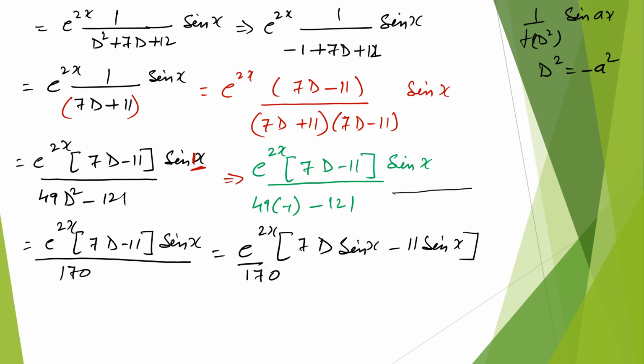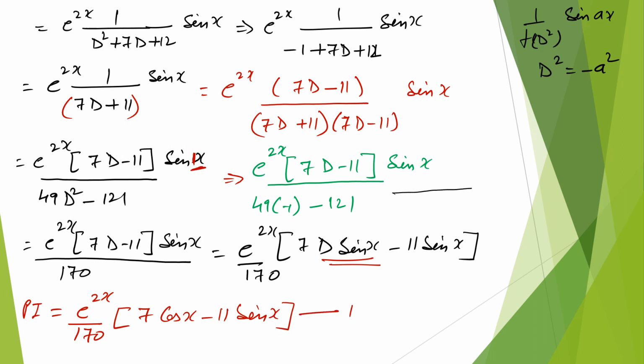So differentiating this term, differentiation of sine, we get the PI for this portion is e to the power 2x over 170 into 7 cos x minus 11 sin x. So this is the PI, and previously we have calculated the CF.